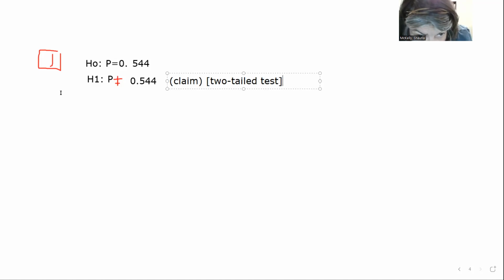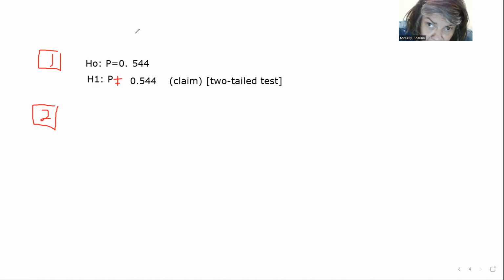Now, we're doing the traditional approach. So in the traditional approach, the next thing we do is we find critical values. The critical values for this, we're going to have two of them.